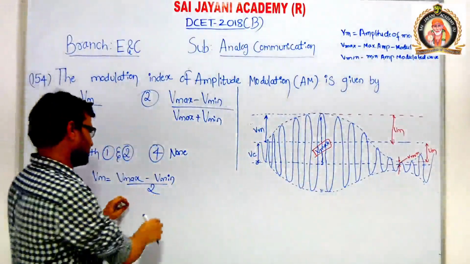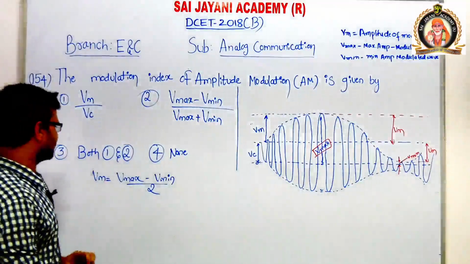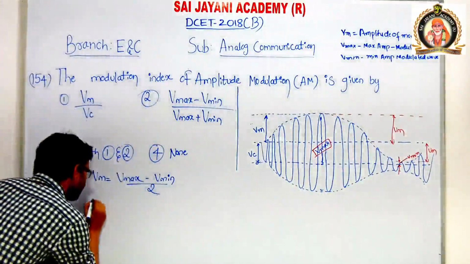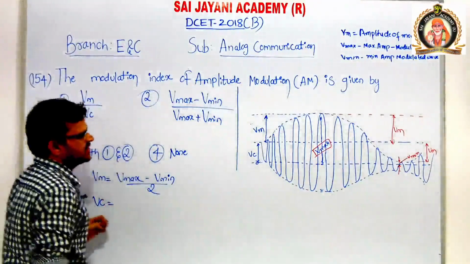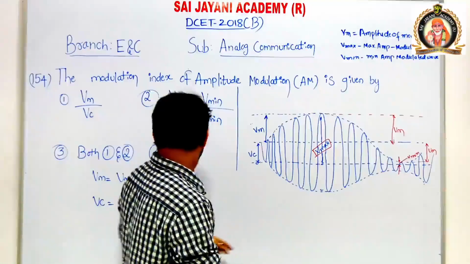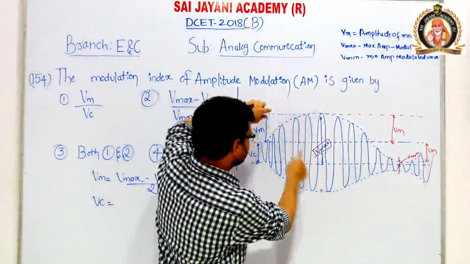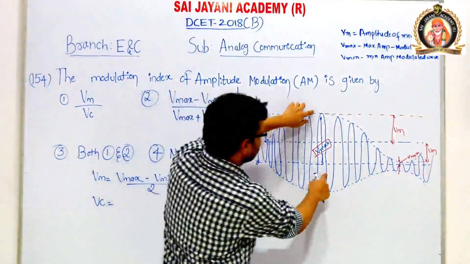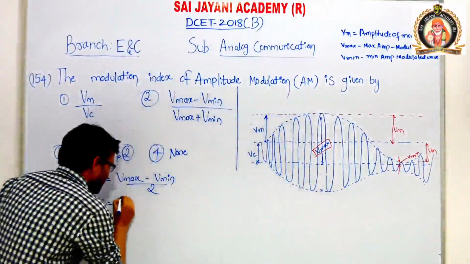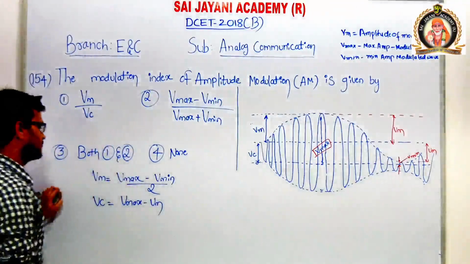If you do this, then you can get the amplitude of the modulating signal. Similarly, the carrier signal can be represented from this graph or waveform, that is Vc. Vc is given by Vmax minus Vm.